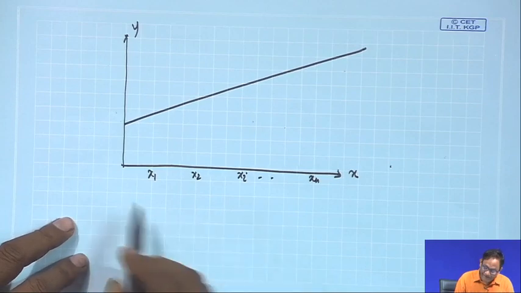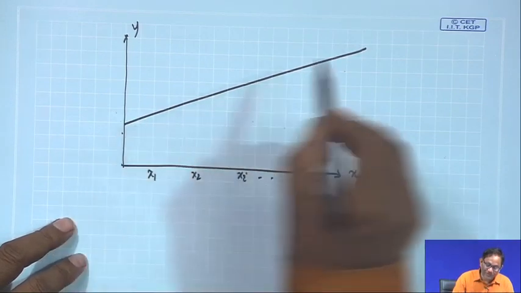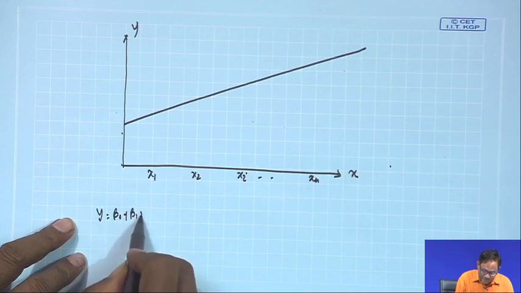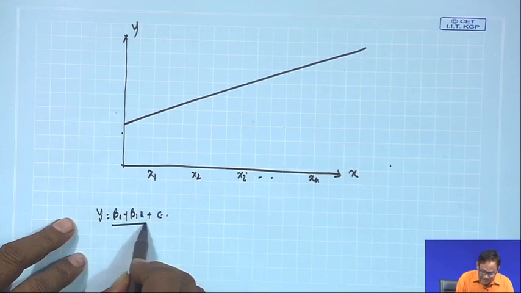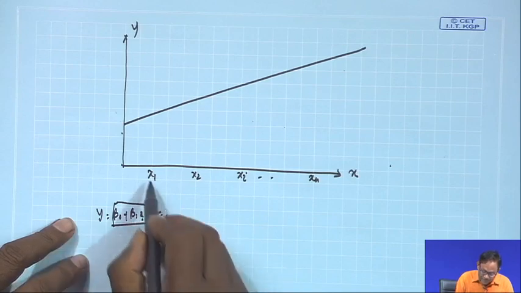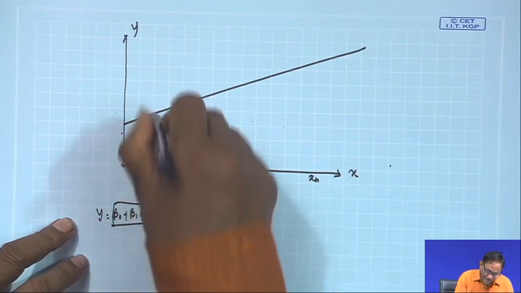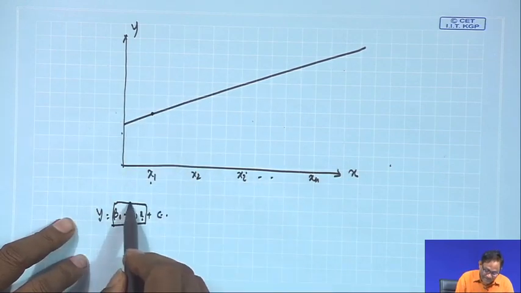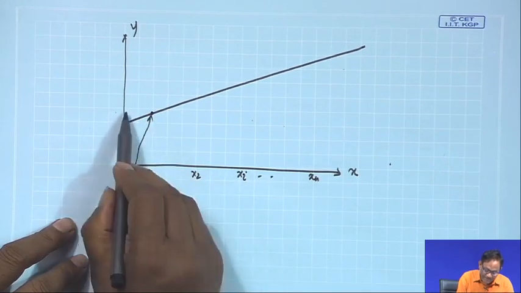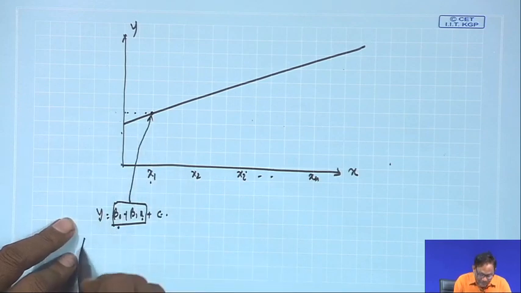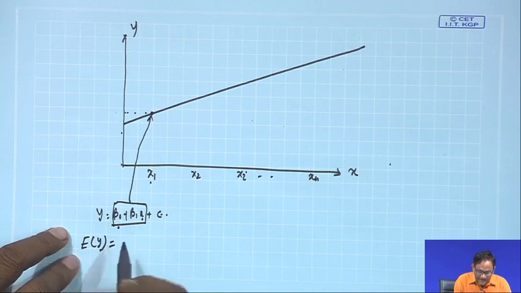As I told you, y is beta 0 plus beta 1 x plus epsilon, and here this is the fixed part, the value on this line for any x value.